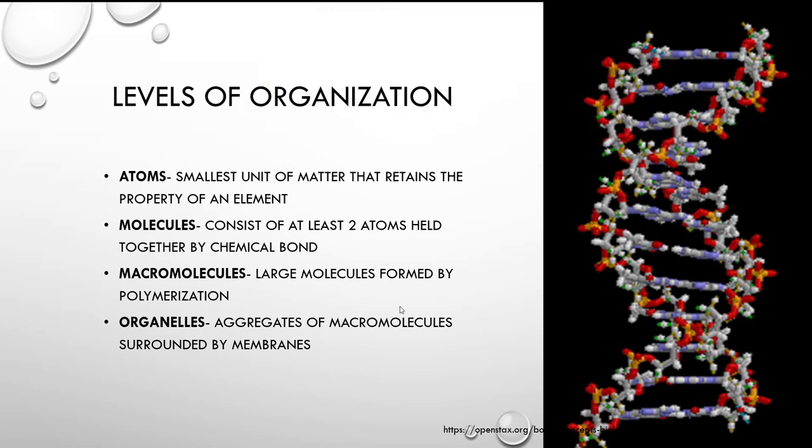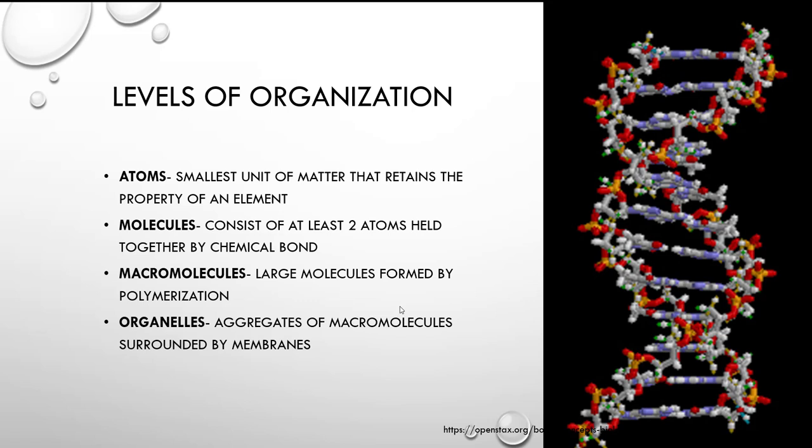An atom is just a unit of matter that retains the property of an element. So I can have an atom of oxygen, an atom of carbon, an atom of hydrogen.